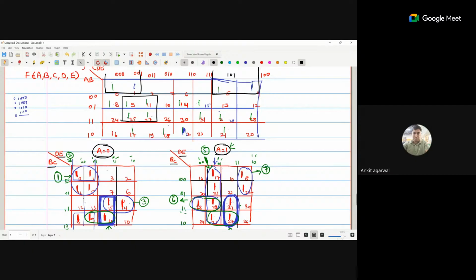Then group of this 2 and group of this 2 is also possible. Basically, it is again as if we are folding the paper from the center, and when you are folding, you can check which one is overlapping. According to this one you can create a group. So this combination of these two is possible.